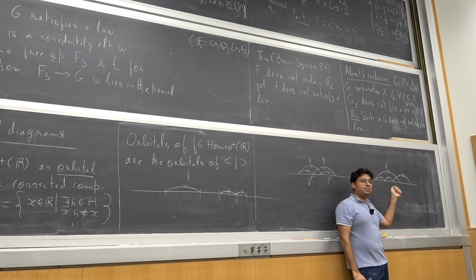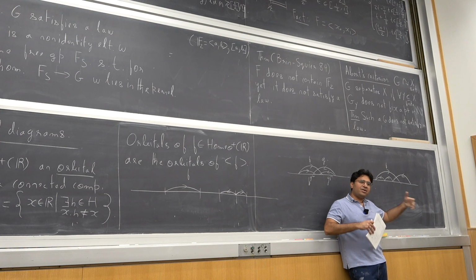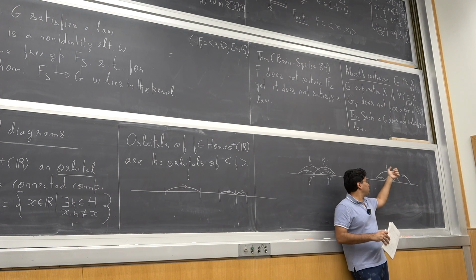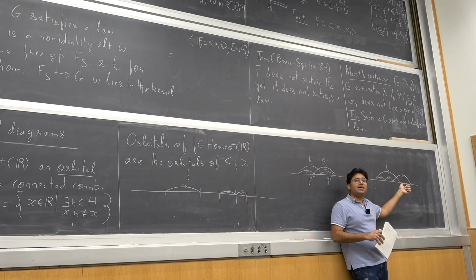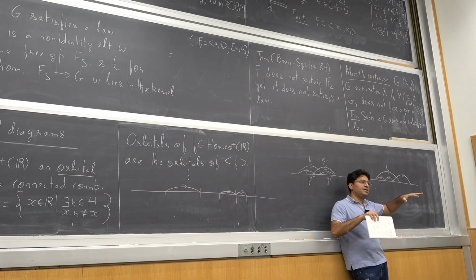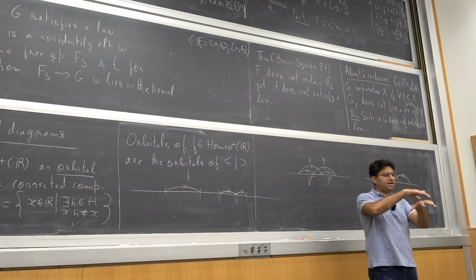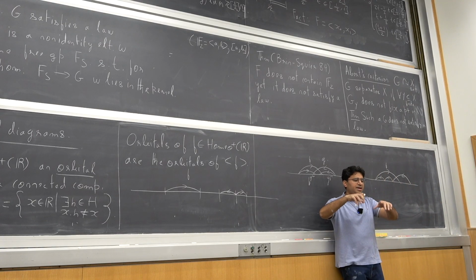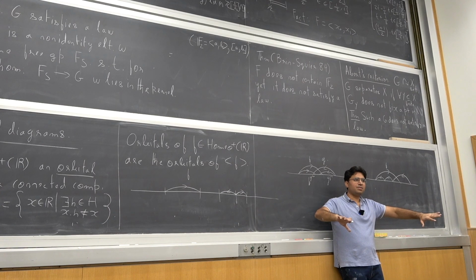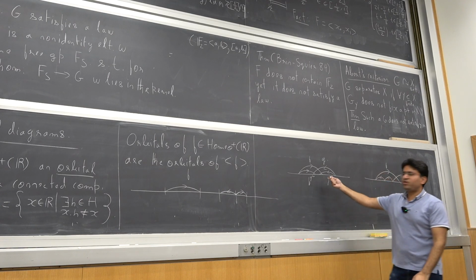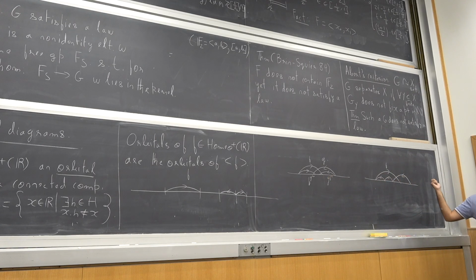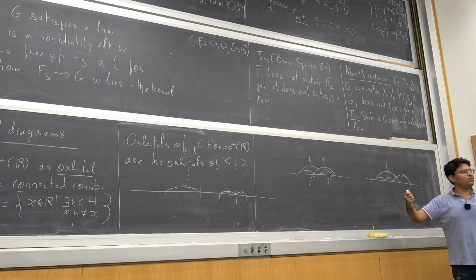And so I get a new element which has a slightly better configuration with respect to the original F and G. And then I sort of iterate this process, and I count the number of orbitals that are overlapping with each other, and then I keep performing this process until I get fewer and fewer components, and then I run a trick like this. So it's a combination of these kinds of tricks that gives you the proof.